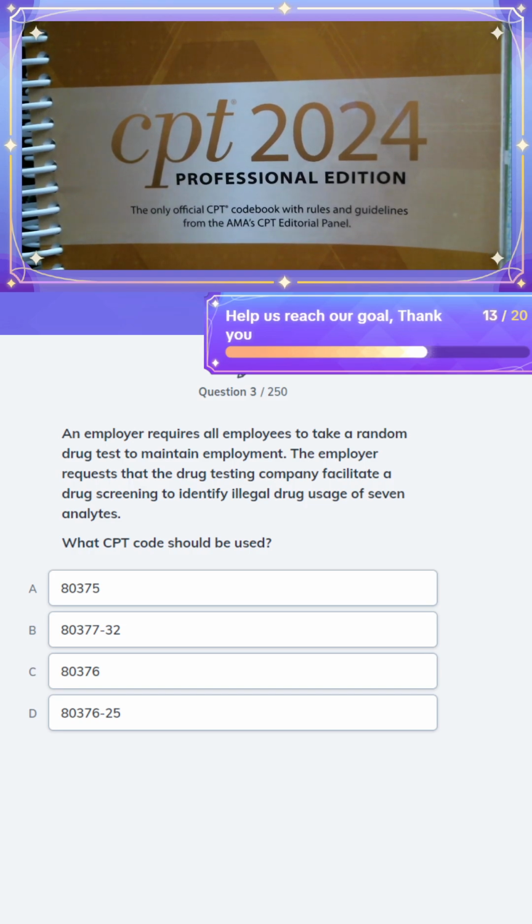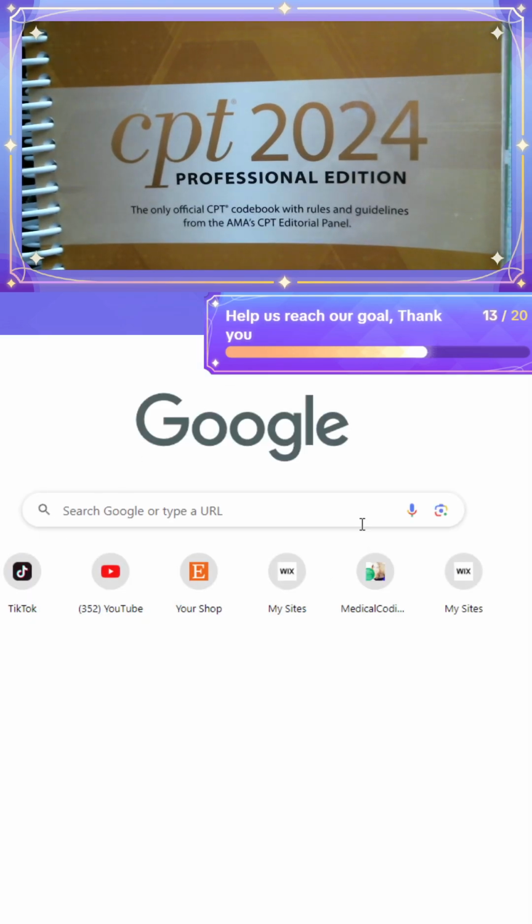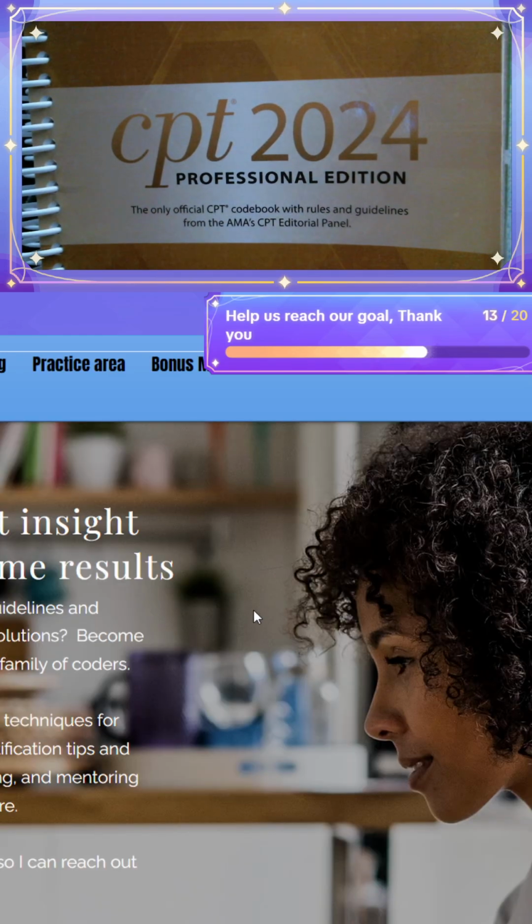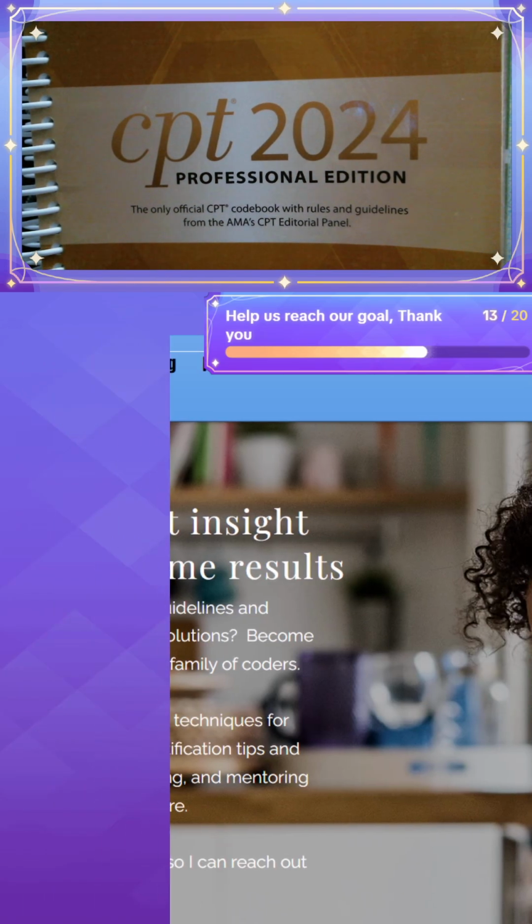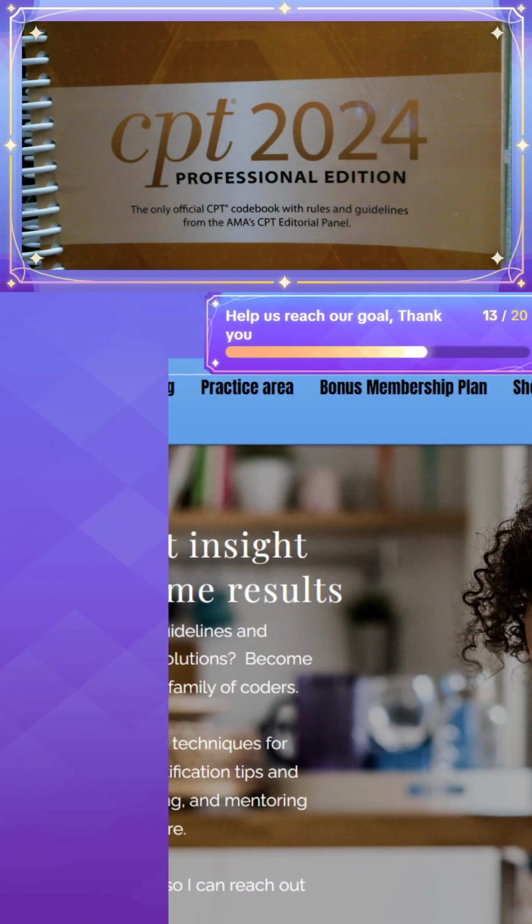And then, let's see. Let me see if I got it up here. Then I want you to go to my website. Let me get this to work. Let me get my camera off for a minute.